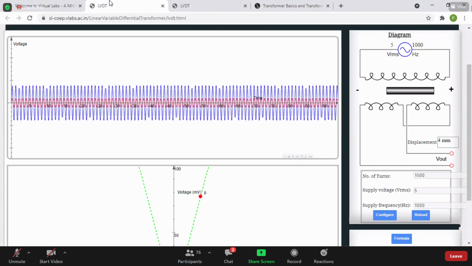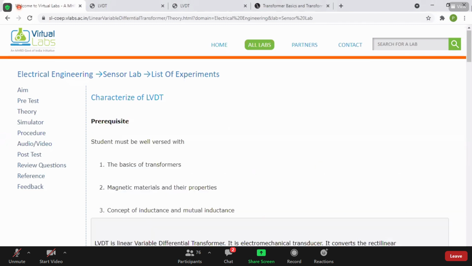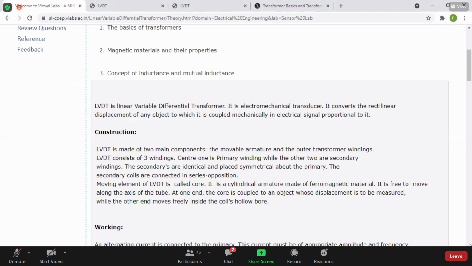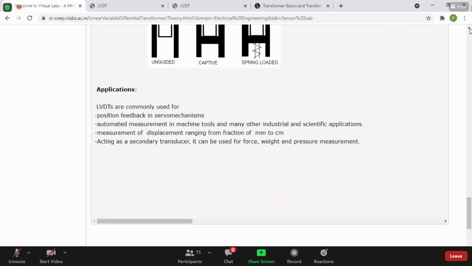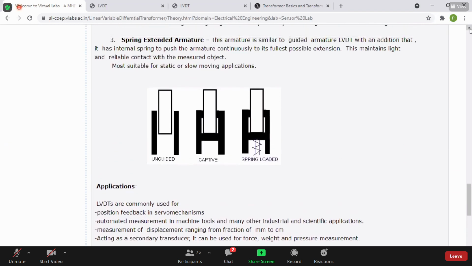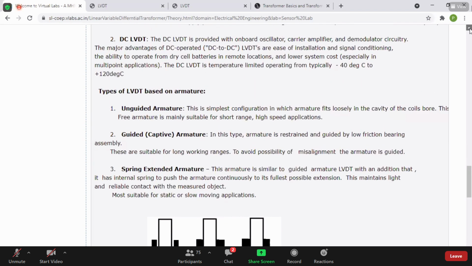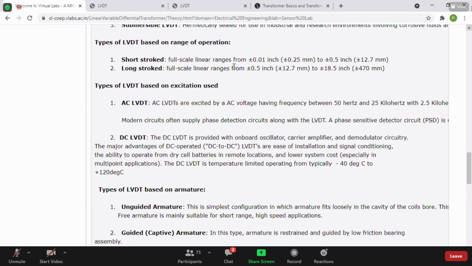Go to theory page 38. Scroll down. Somewhere in this theory we have eddy currents. Read out that paragraph.